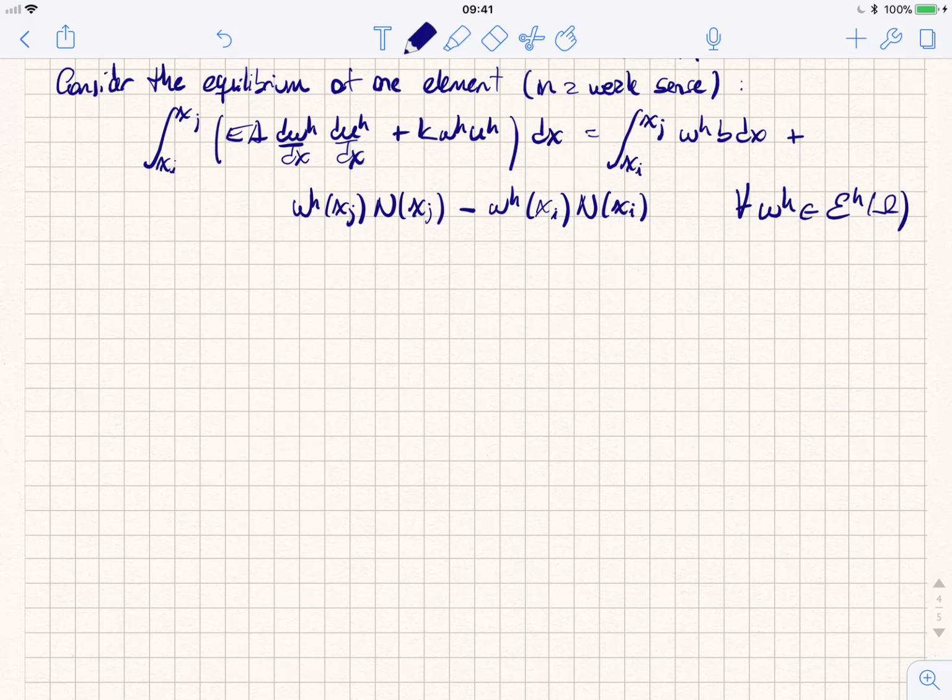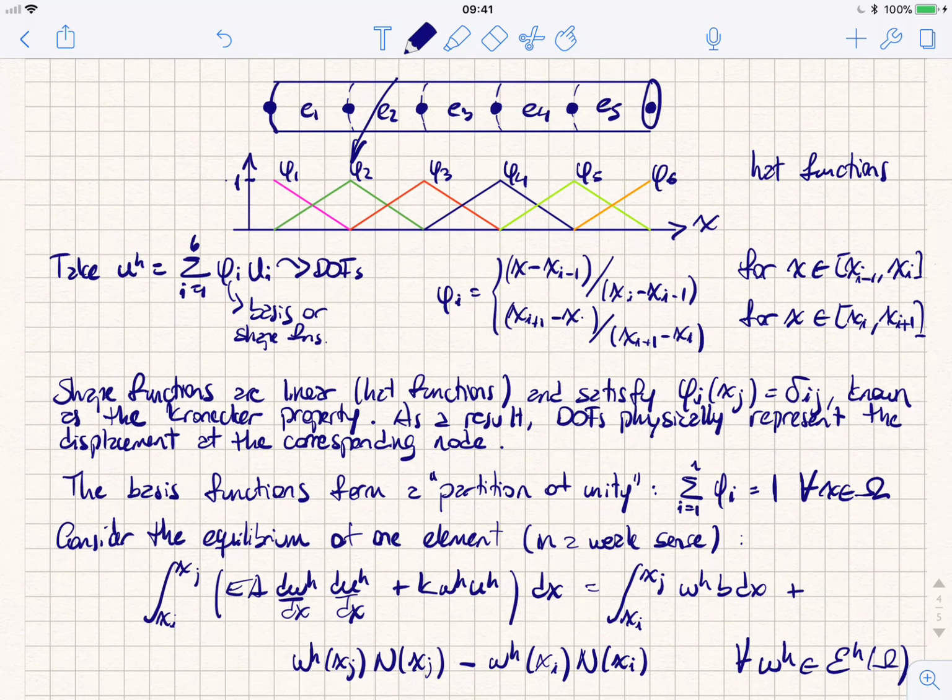Now, you saw that the shape functions are local, right? They are local to the elements they are acting on. So if you look back at this figure, if you take phi3, well, phi3 is only going to be non-zero in E2 and E3.